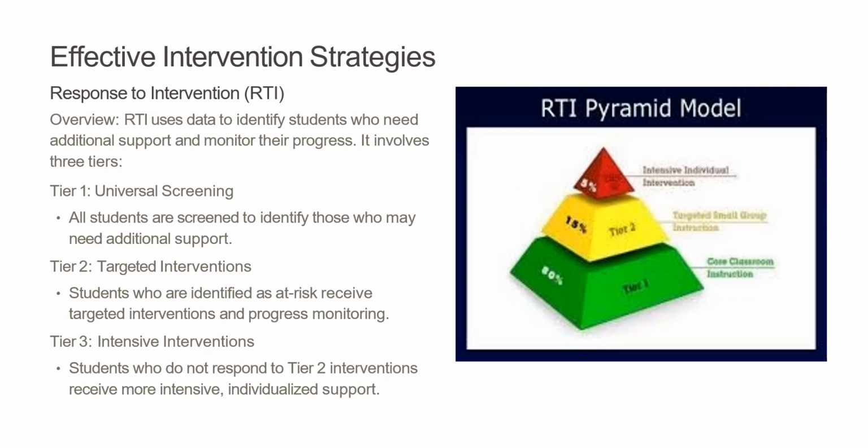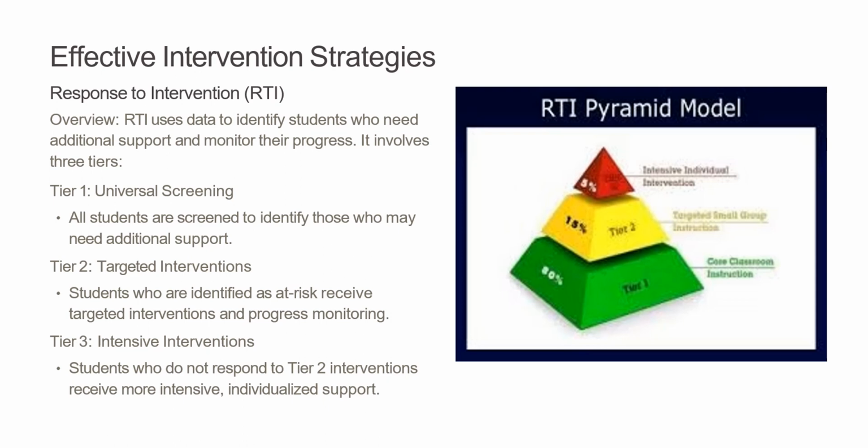In Tier 2, students identified as at risk during the screening process receive targeted interventions and their progress is closely monitored. These more focused interventions aim to address specific areas where the students need help.